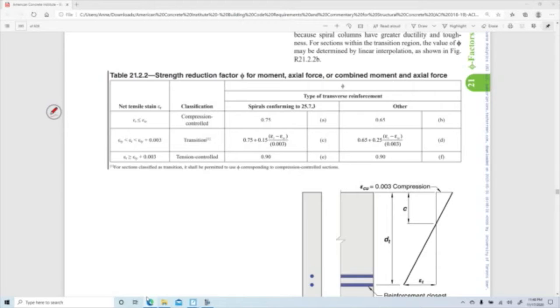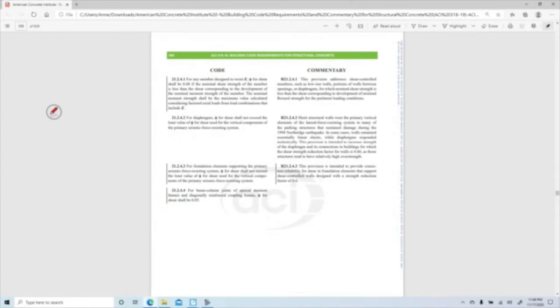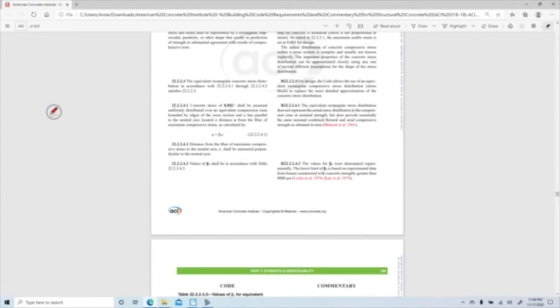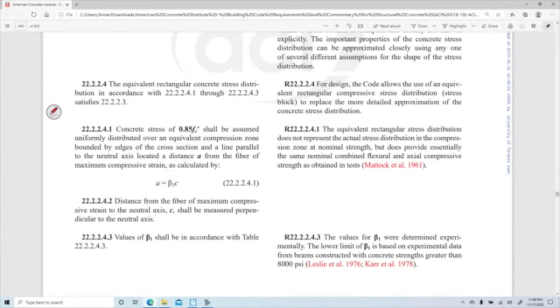There's PN max, there it is. Chapter 22 is still about your strength. Now you're talking about your section strength. We used the flexural part already, where we had our Whitney stress block.